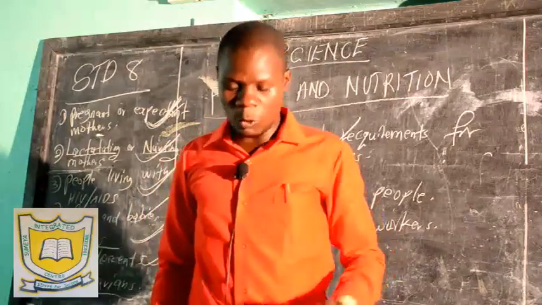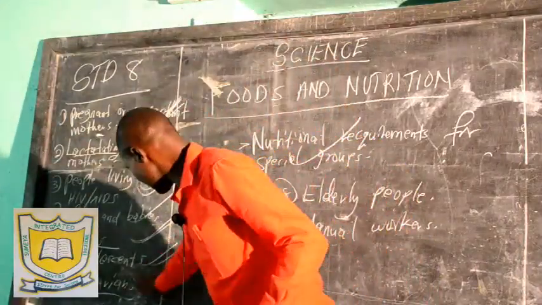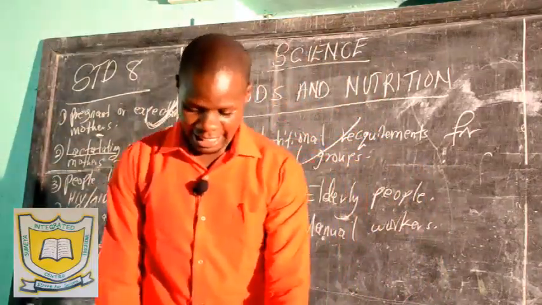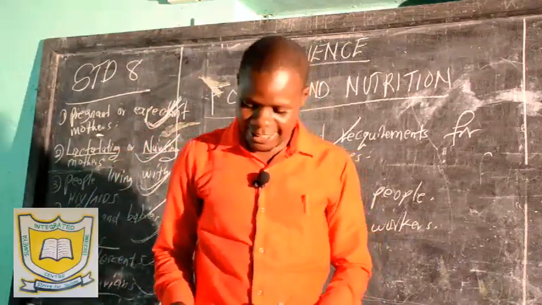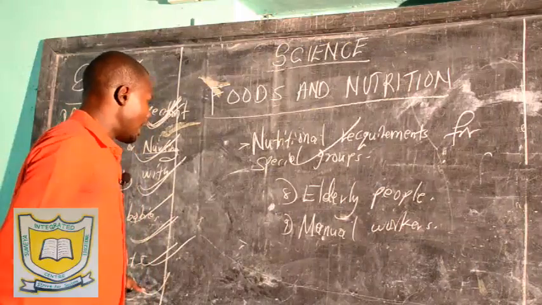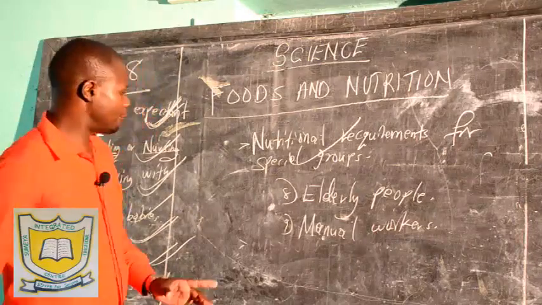They only feed on green plants. Those are vegetarians. So this is another special group of people that needs great care and important nutrients to make sure that they are growing healthy and have a perfect and smooth life.